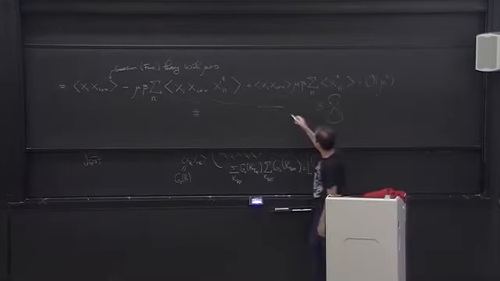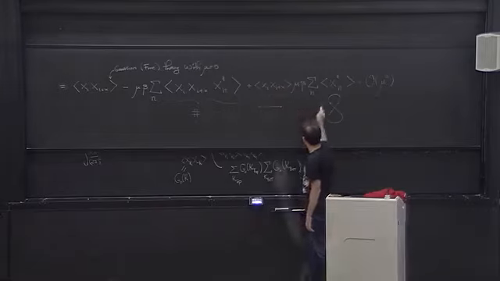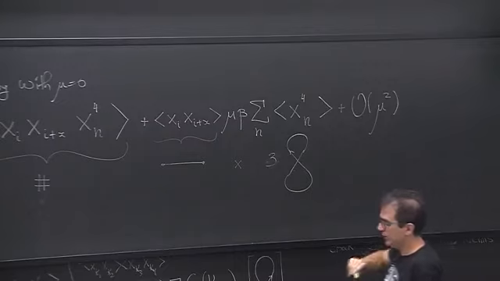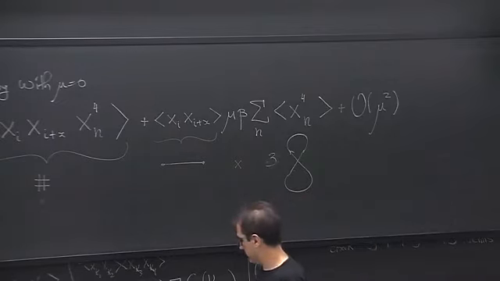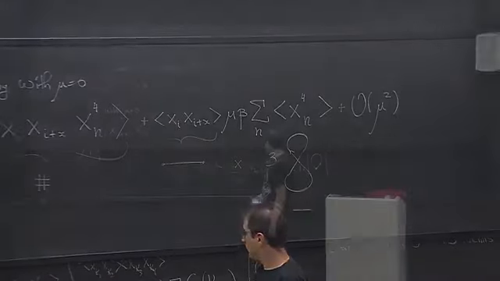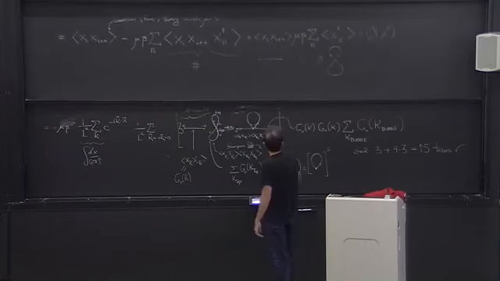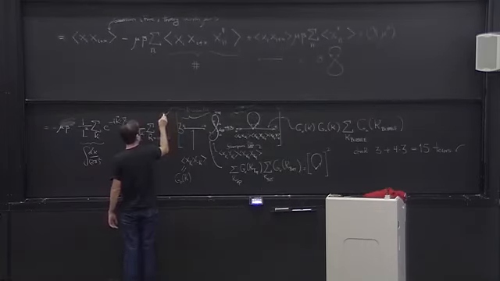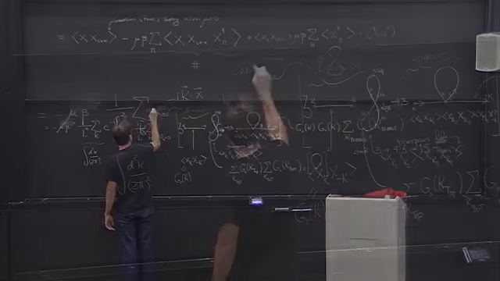So indeed, this graph gave this times 3 times this graph, just by all possible pairs. And therefore this graph immediately cancels this one. So this disconnected one cancels.